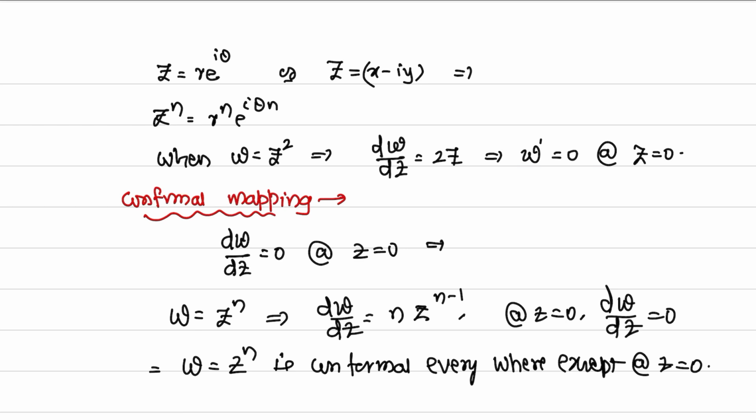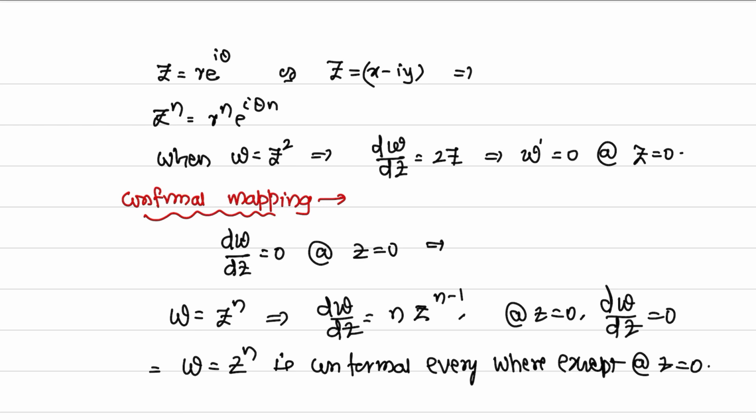Now, conformal mappings are useful in Laplace equations solutions. Laplace equation is dou square phi by dou x square plus dou square phi by dou y square is equal to 0, or something of phi, function of phi.